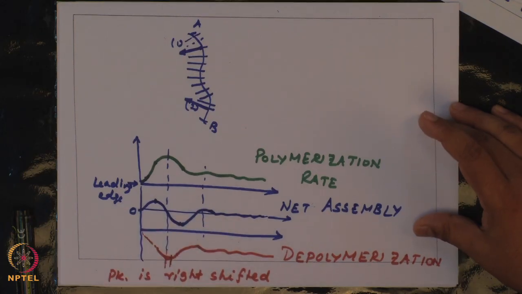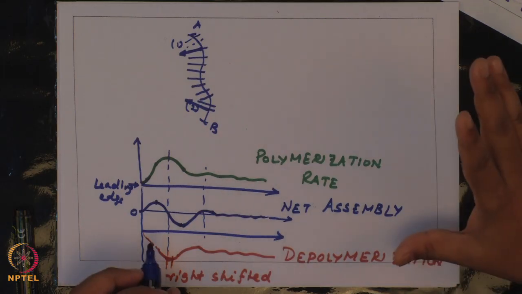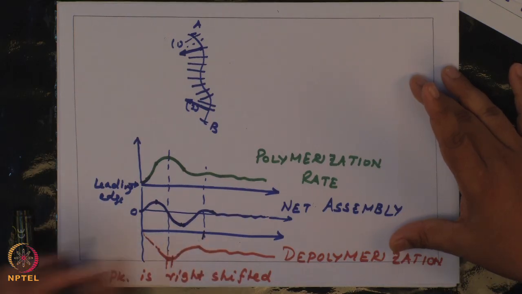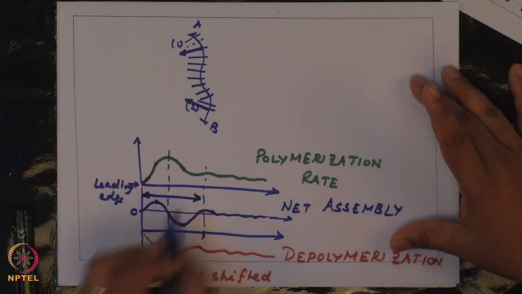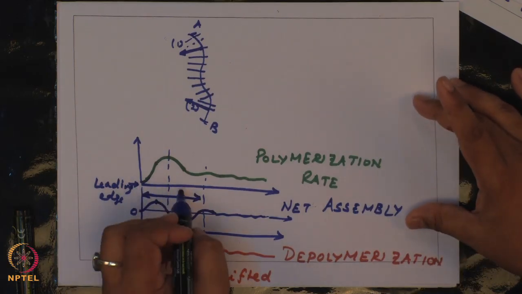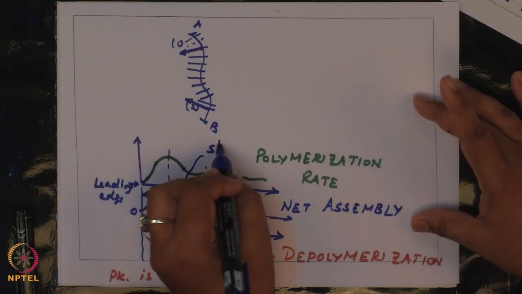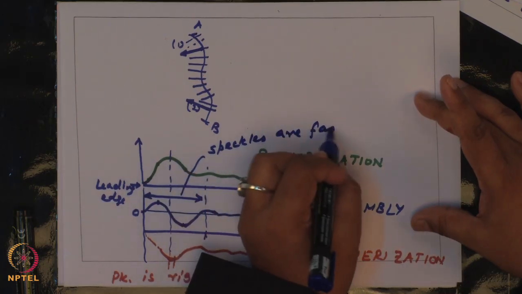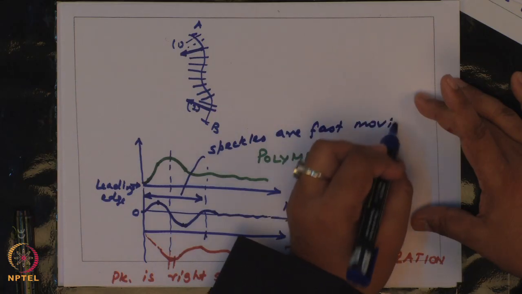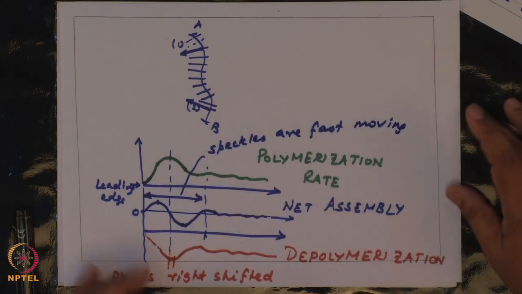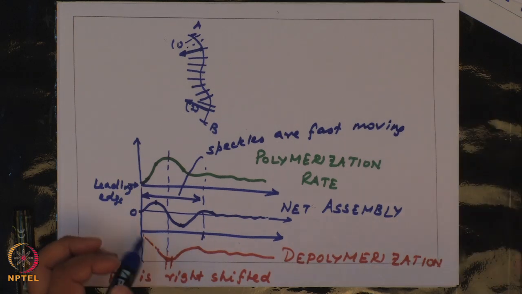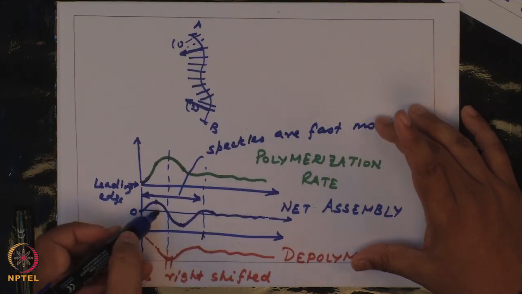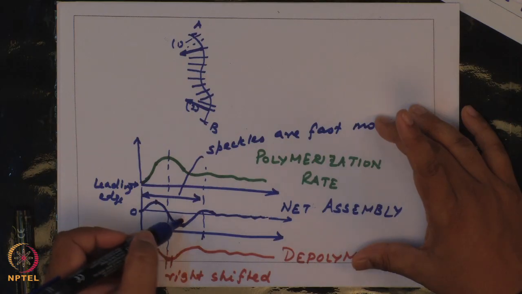So, what the authors realized was that this entire zone, where you have the polymerization peak followed by the depolymerization rate, is also the zone where the speckles are fast moving. If you look at this curve, it looks like a sine curve, with positive and almost symmetrically negative here.